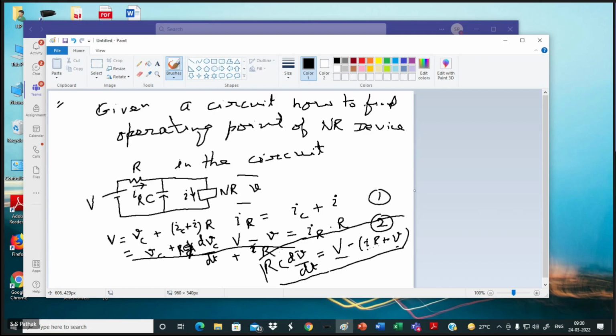RC dV by dt is which voltage? It is charged to this.